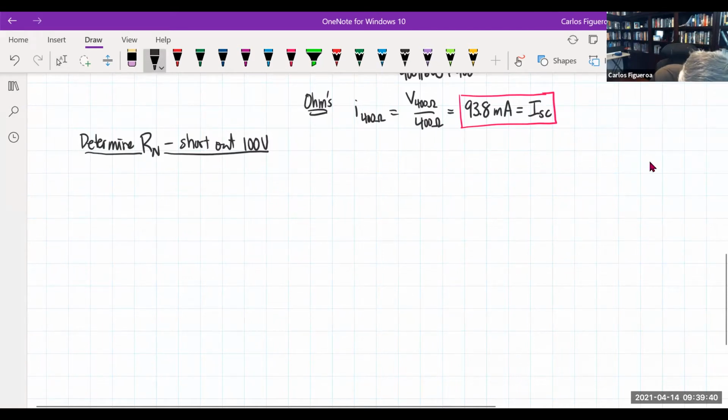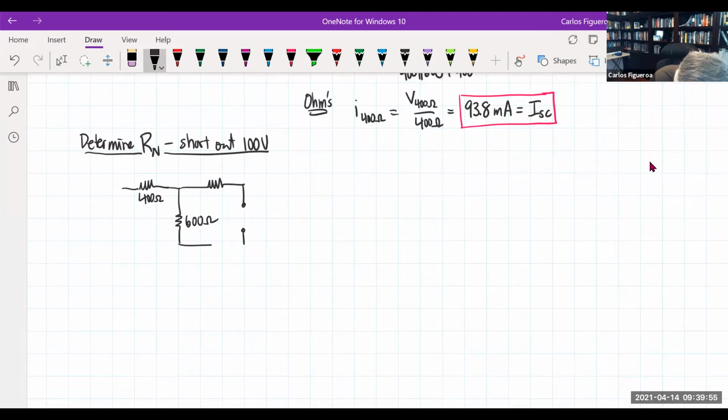So that means I have a 400, 600, 400, like this. When I'm looking at R Thevenin or R Norton, it's in that direction right there.